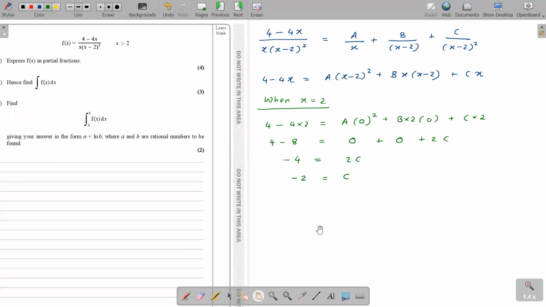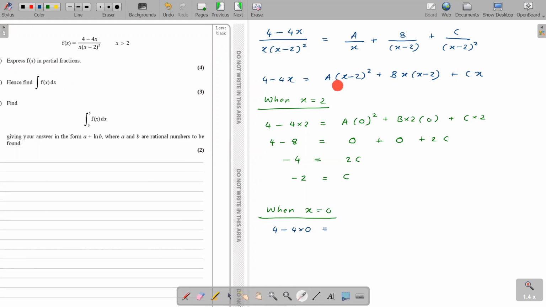Okay, then moving to the next part. The next good value we can use is when x is 0. Why am I choosing these values? Because I can see when x is 0, 2 of the terms will become 0, and I'm only remaining with the A term. You can use any value you want, but I'm strategically choosing x values that make a few of the terms 0. So when x is 0, I get 4 minus 4 times 0.